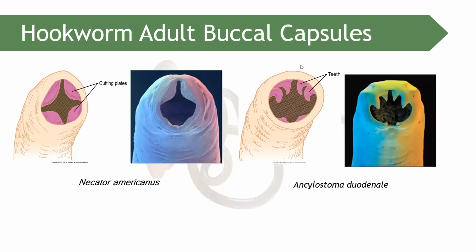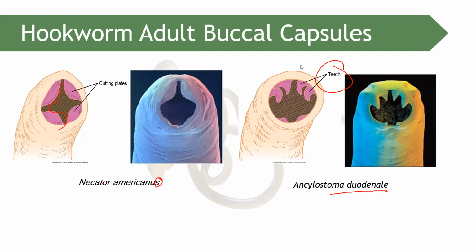Necator americanus, meron siyang cutting plates. Si duodenale, meron siyang teeth. Necator americanus, S shape, cutting plates.